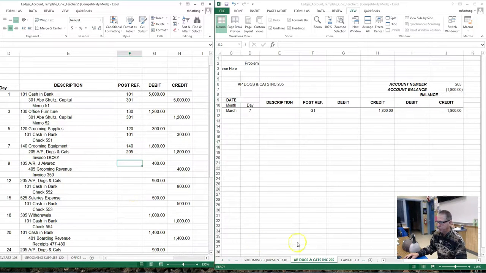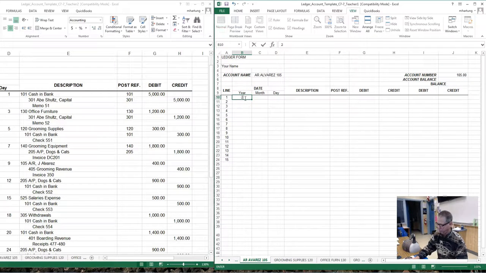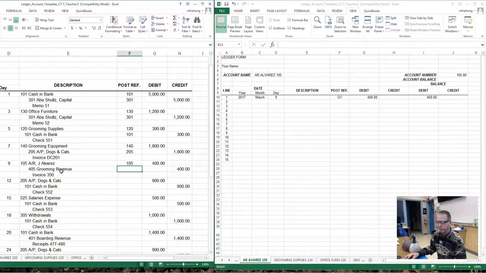Accounts receivable on the 9th. Somebody owes us some money. Alvarez, there they are. And because it is an asset, that is a debit, 400. It was work that we did for somebody. It's a revenue account.